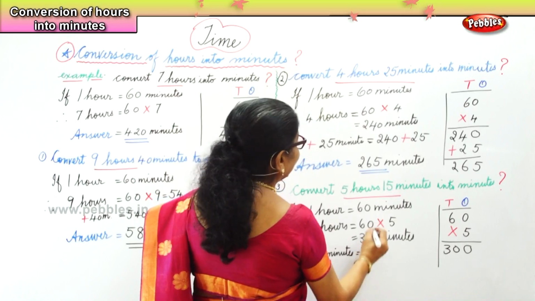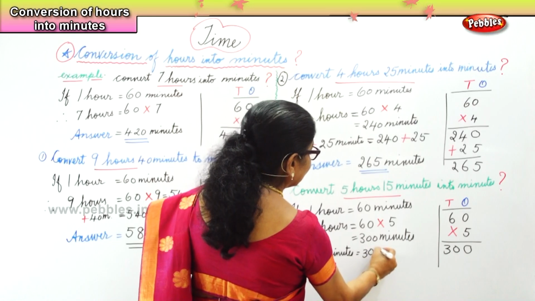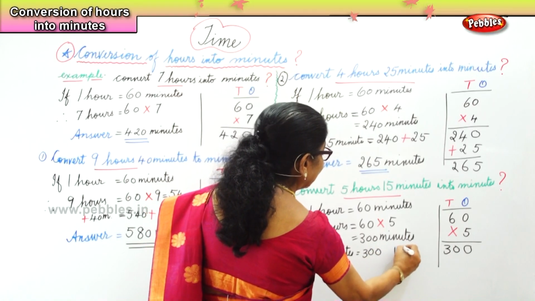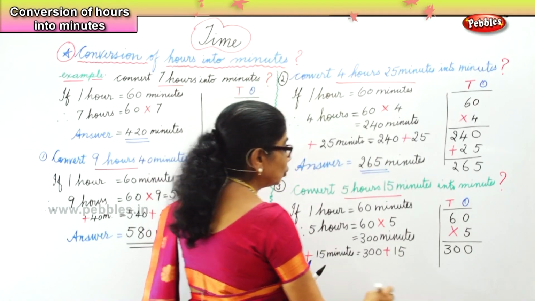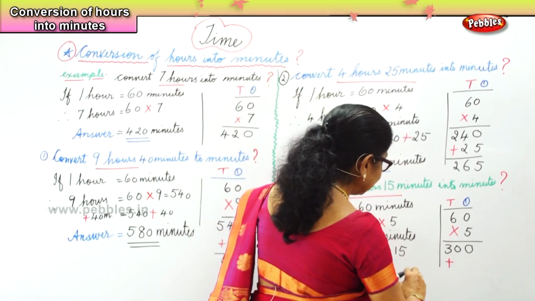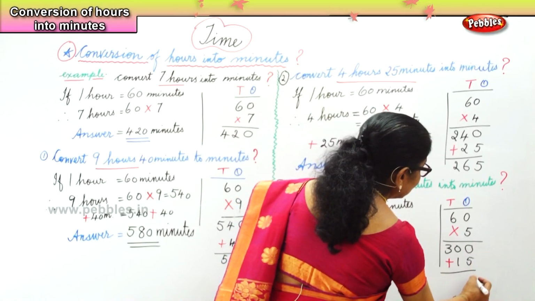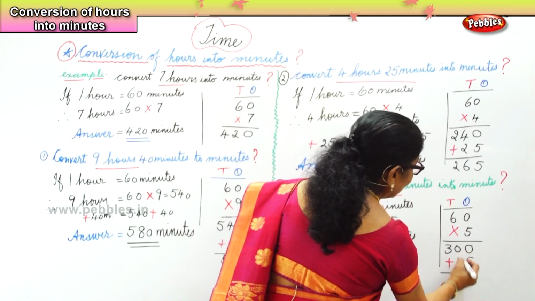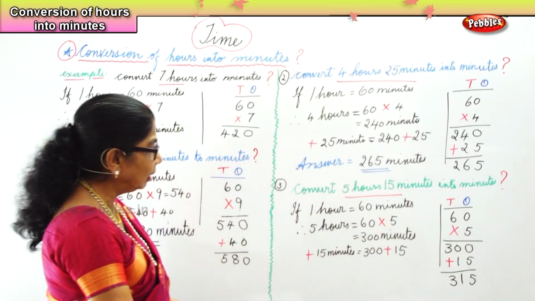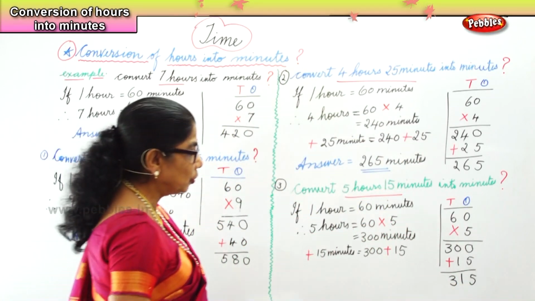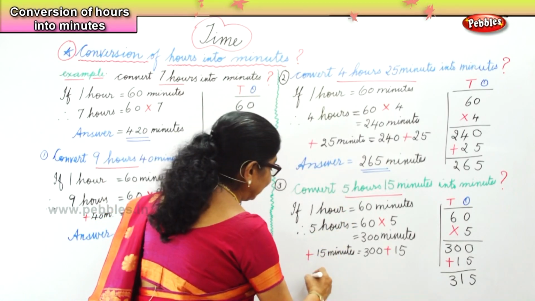That is 300 plus 15 minutes. 0 plus 5 is 5, 1 plus 0 is 1, and bring the 3 down. So your answer is 315 minutes in 5 hours, 15 minutes.